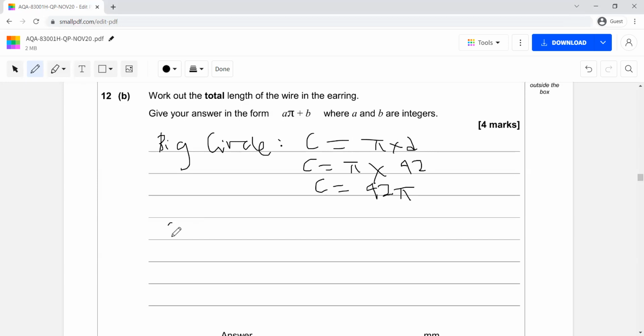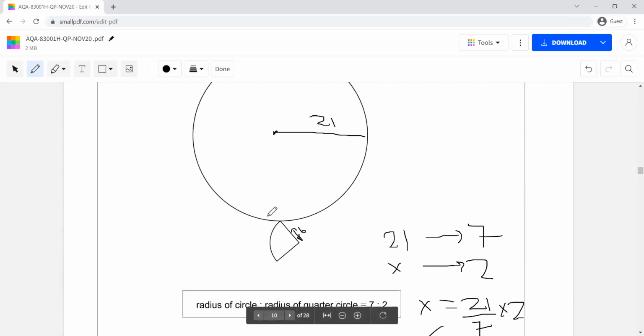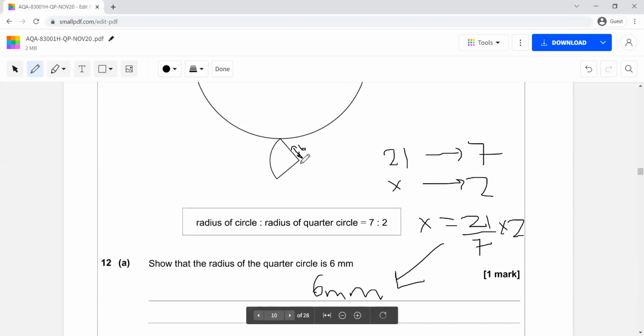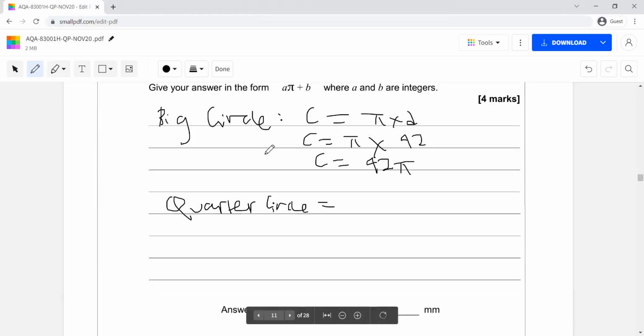And for the quarter circle, we need to do some more work than just doing this. So what I'm going to say is it is not just the circumference, or rather quarter circumference, because it's a quarter circle. It's also these lengths here, these two side lengths.